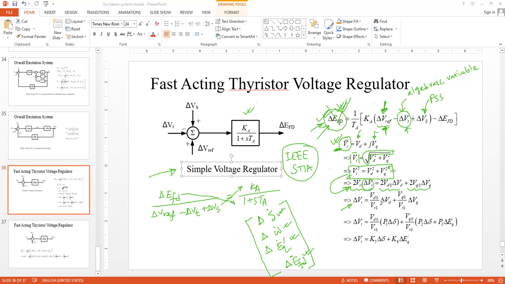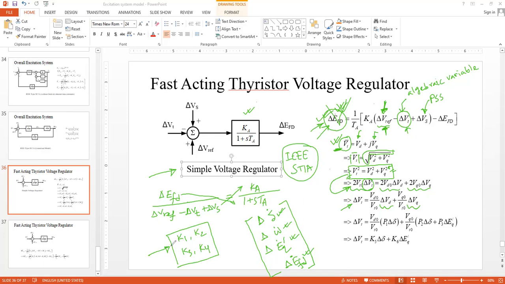Then if you recall, earlier we derived the expressions for both del VD and del VQ, while we tried to derive the K constants, K1, K2, K3, and K4 for the linearized model of our third order generator model. These were the linearization constants.